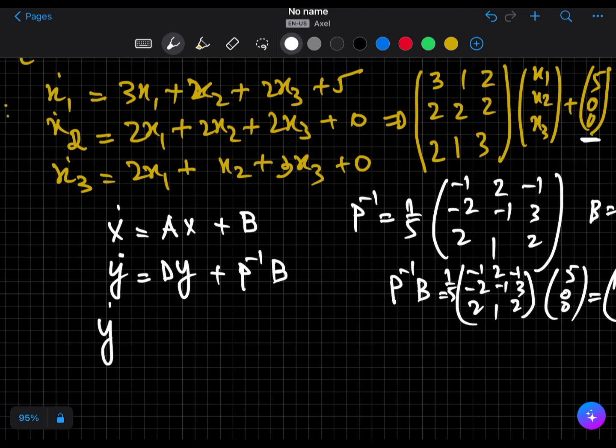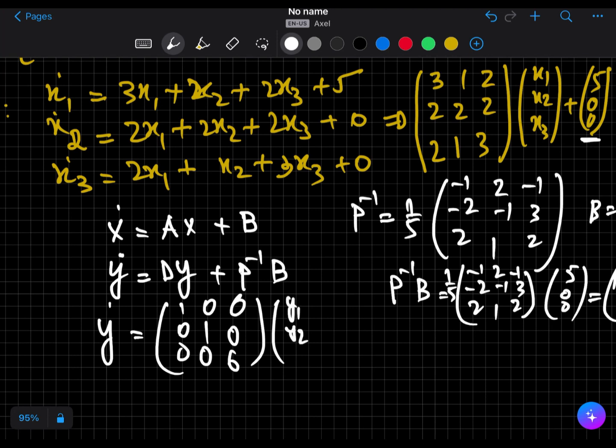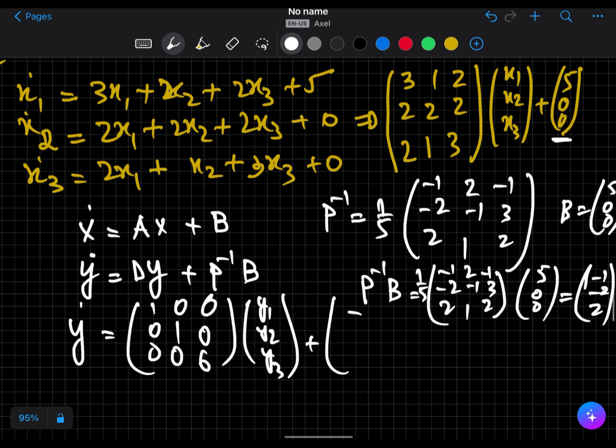Therefore, our system will be the diagonal matrix 1, 0, 0; 0, 1, 0; 0, 0, 6 times y1, y2, y3, plus minus 1, minus 2, 2.